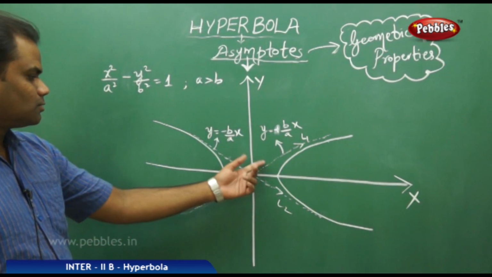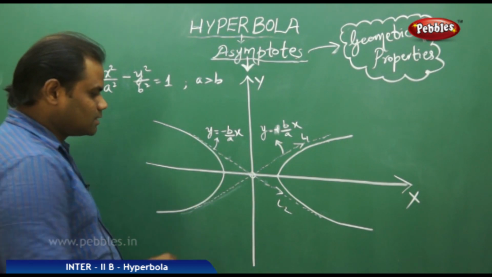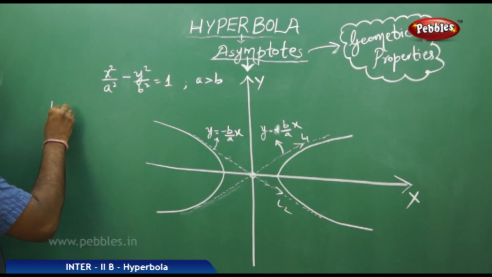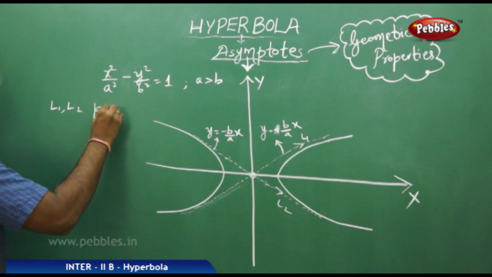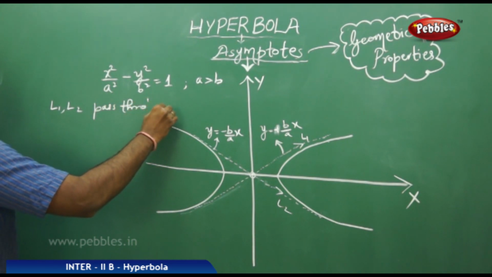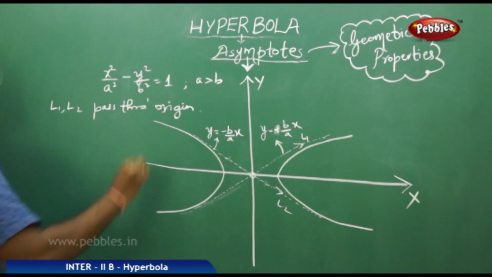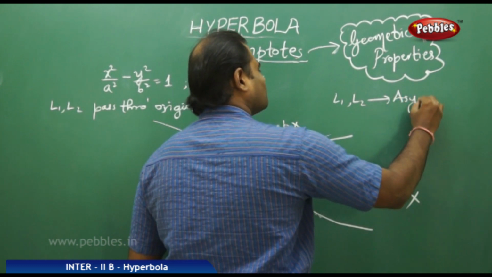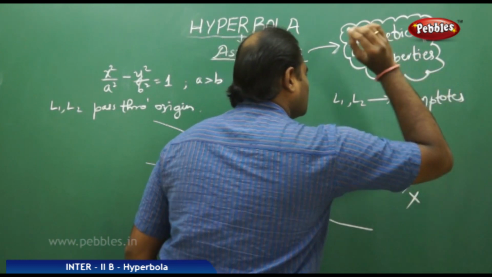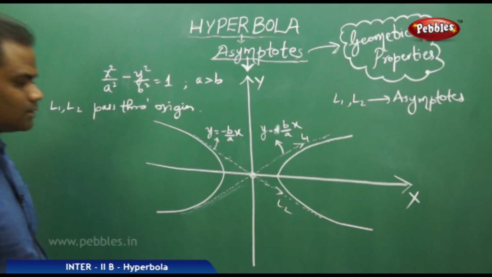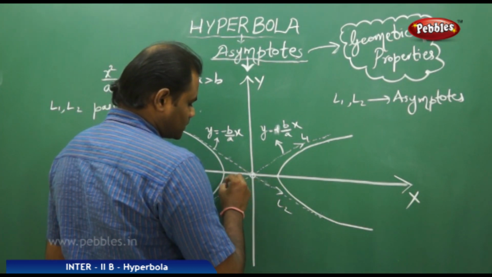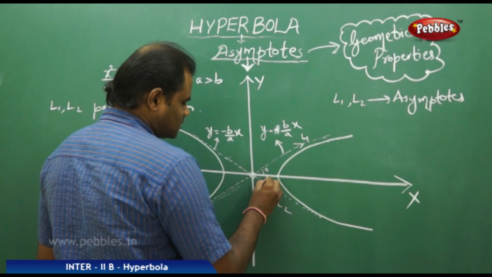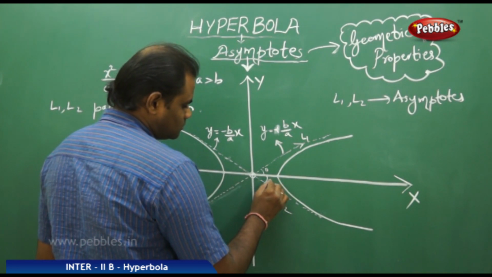Now that we have seen the two asymptotes for the hyperbola, we clearly see that the two asymptotes pass through the origin. So asymptotes L1 and L2 pass through the origin is what we identify in these two cases. And also we see that their angular bisectors are the same, that is, if the angle made by this is theta, then this is also theta.